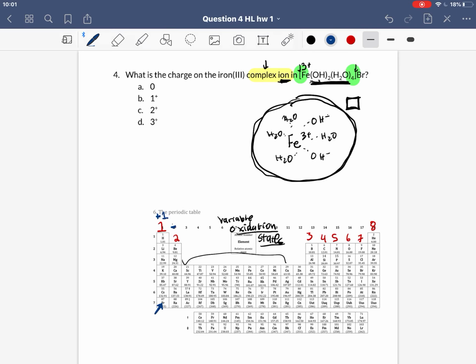Same idea here, that everyone in group 2, if they need to form some kind of connection, they're most likely to give up 2 electrons and carry a charge of +2. Same idea here. Now, if I have 4 electrons in my outer energy level, I could either lose those 4 electrons and gain a charge of +4, or I could gain 4 electrons and gain a charge of -4.